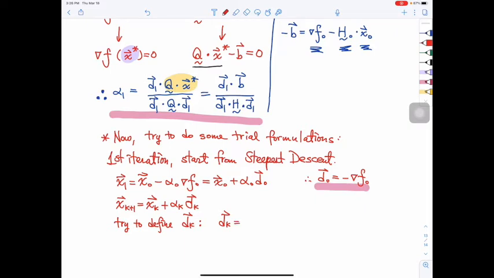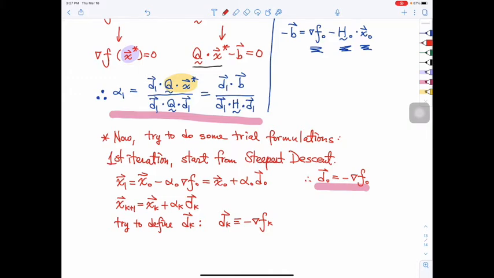We kind of follow steepest descent. And here, let's say, how about dk equals negative gradient fk? But I know if I do this, I'm still following steepest descent.